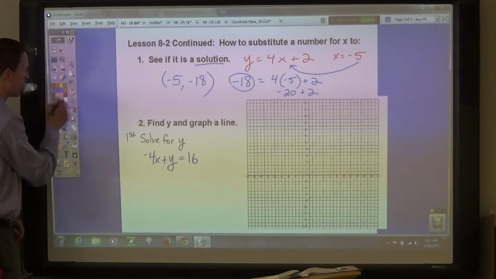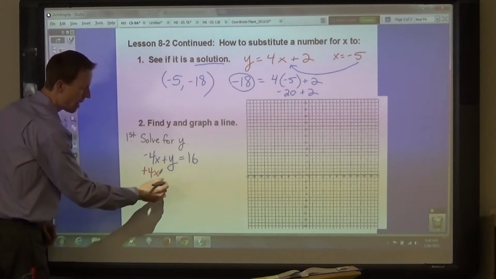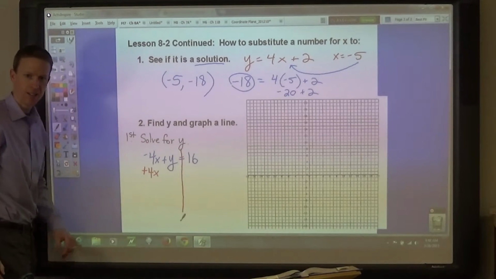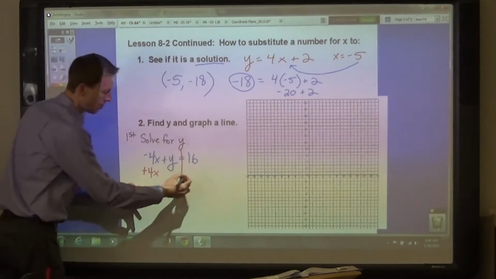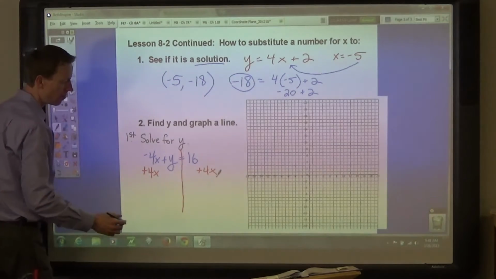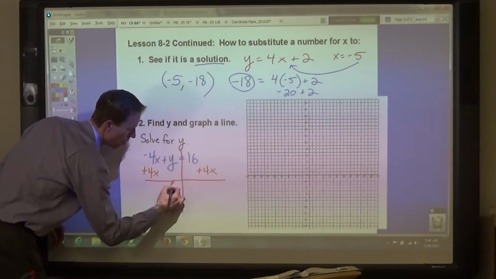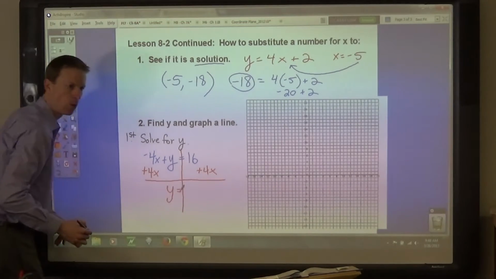So, just like James was saying, we're going to get rid of the negative 4x on this side. Add it to this side so that our equation is y equals what?